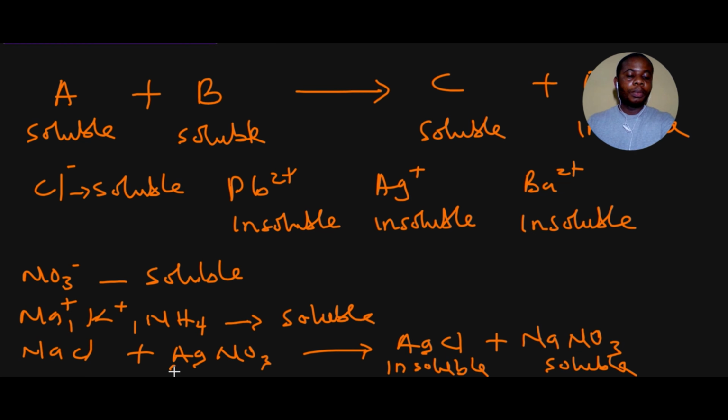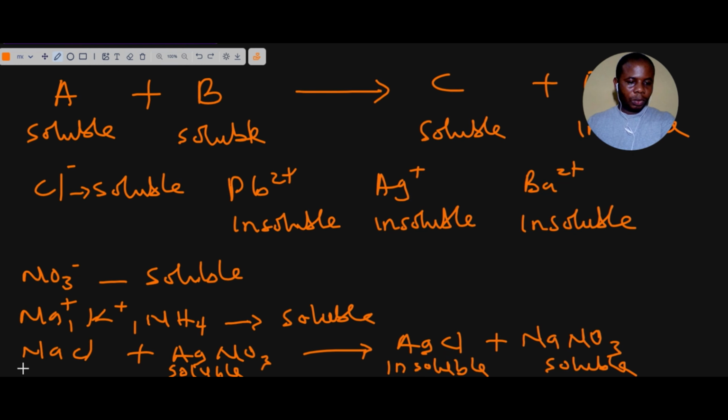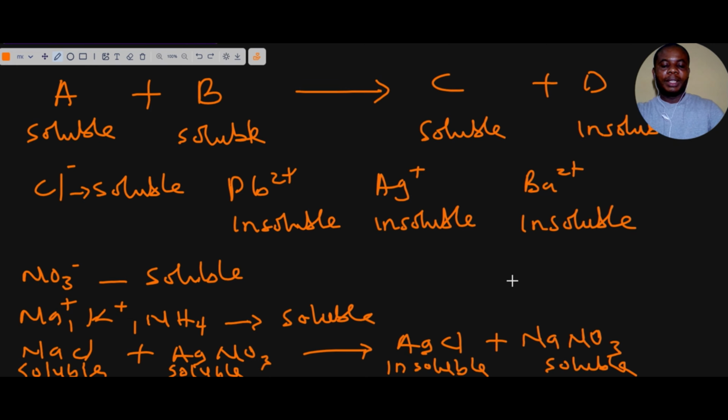The reactants are soluble. So when you come across this, get to know that based on what I said, in a precipitation reaction, the reactants will both be soluble, while one of the products will be insoluble. So in this case, AgCl is insoluble. Therefore, this is a precipitation reaction.